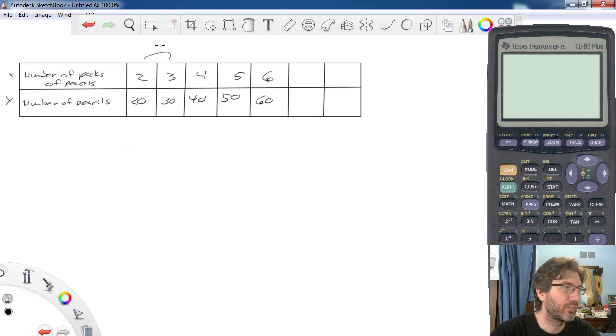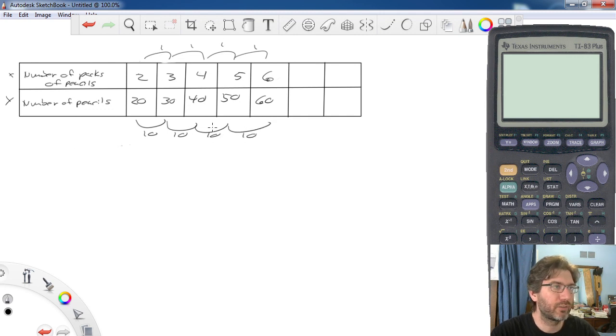Right, you noticed, hey, this is 1, this is 1, this is 1, this is 1. See how that's going up by 1s? This is going up by 10s. This kind of common difference is a telltale sign that this is linear. This is a line.